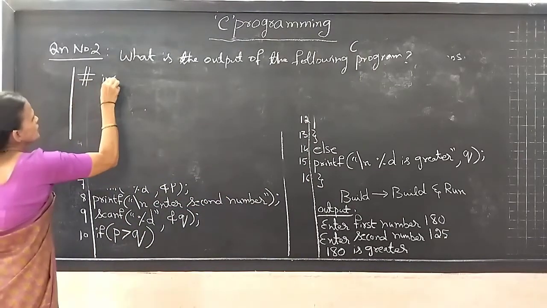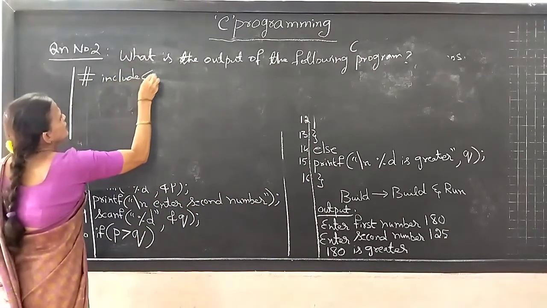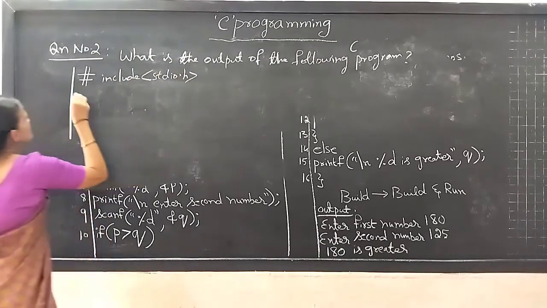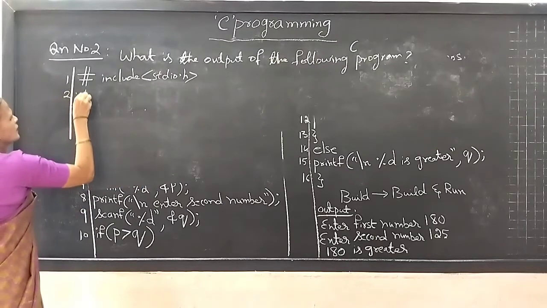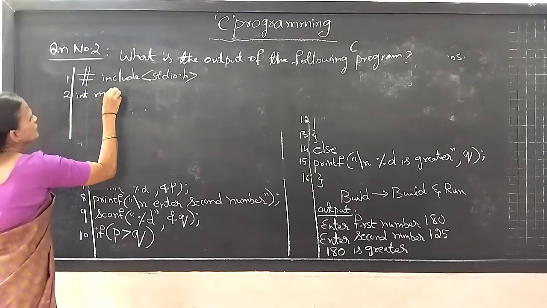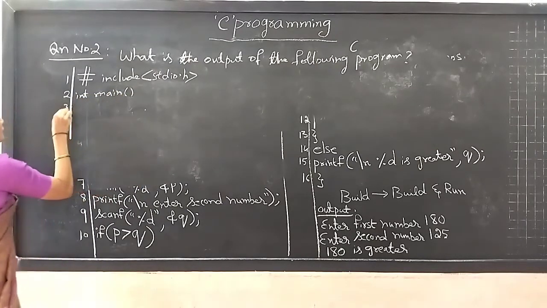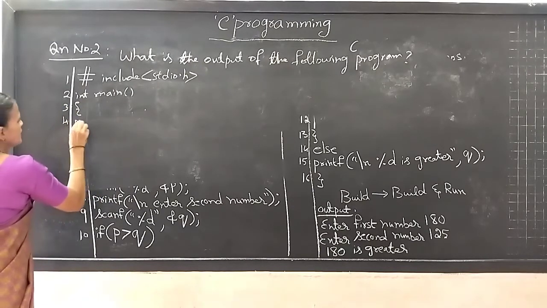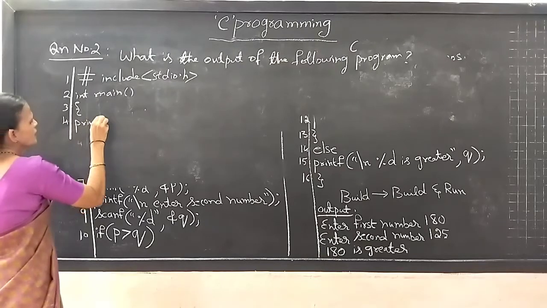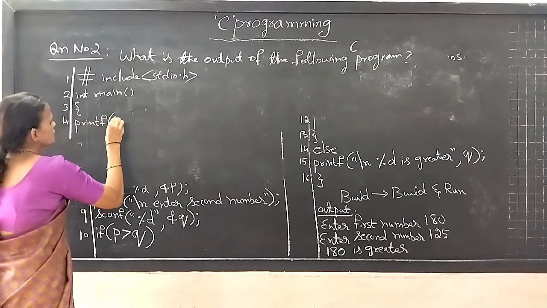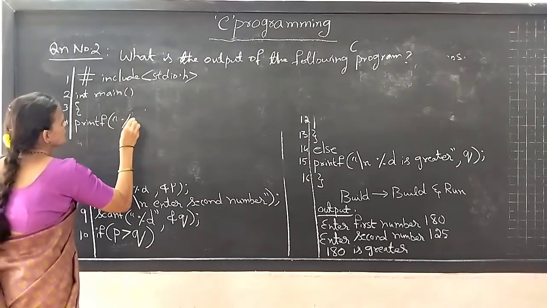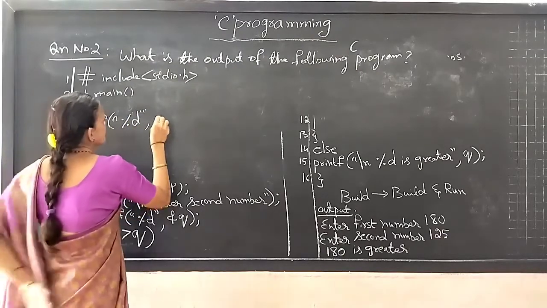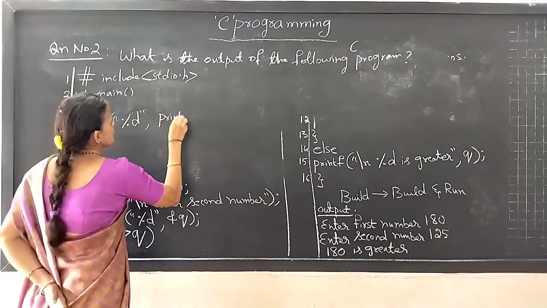Hash include stdio dot h, then int main, then open curly bracket, and on the fourth line you write printf %d comma, and again printf.